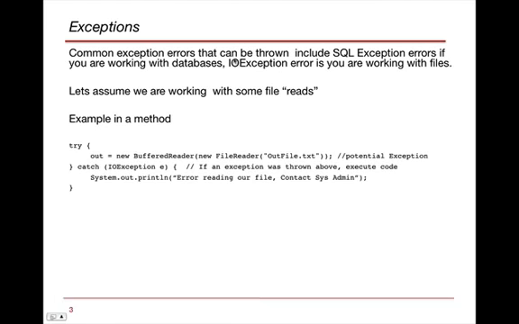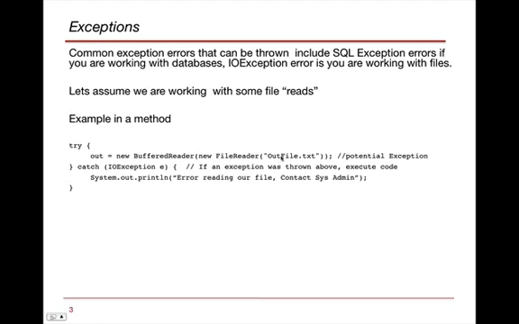So there are some common exception errors that you'll see if you start working with Java. There's a SQL exception if you work with databases, IO exception if you're working with files. We'll see another one shortly, array out of bounds exception error. So let's say we have a piece of code with a try-catch block and we do this line, which is basically for file input-output, and it could throw a potential exception.